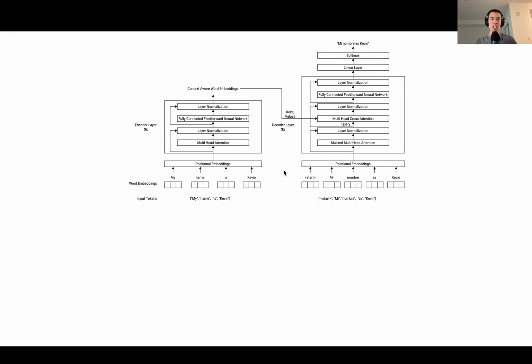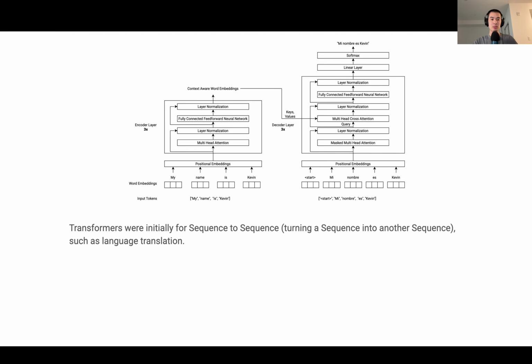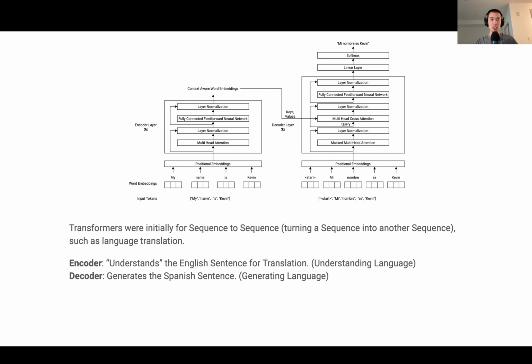And here is the diagram of the transformer we have learned so far in this course. Transformers were initially for sequence-to-sequence, turning a sequence into another sequence, such as language translation, where the encoder understands the English sentence for translation, which can be thought of as just understanding language, on the left-hand side, and the decoder on the right-hand side generates the Spanish sentence.